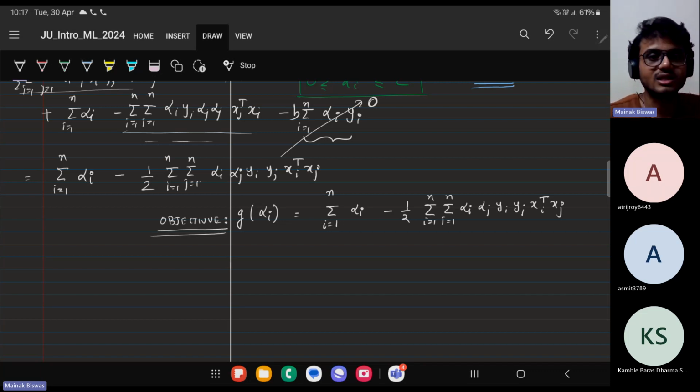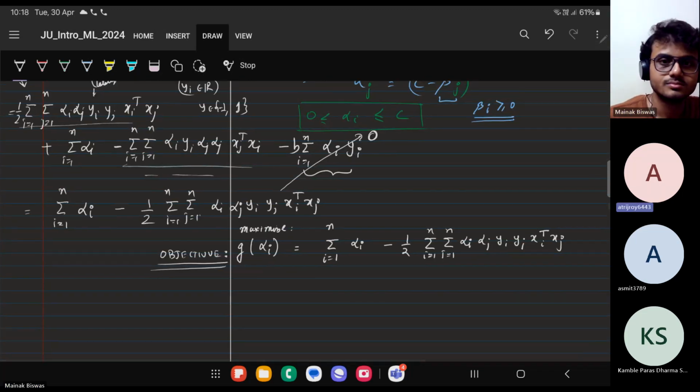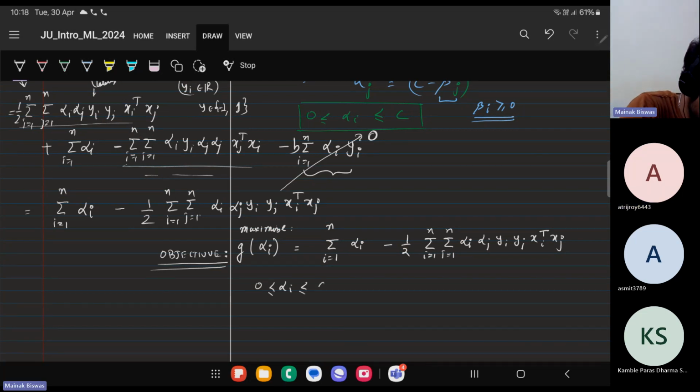And what are the constraints left? So the idea is to maximize this. Tell me, what are the constraints? Alpha i greater than or equal to 0 and less than C, between 0 and C. Yes, this is one constraint. All alphas are between 0 and C. There is also another constraint. So let me write it together: alpha i greater than 0 and less than C, such that another constraint is there.